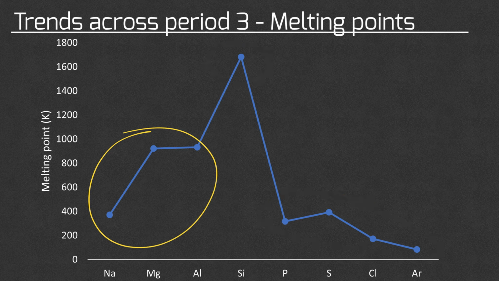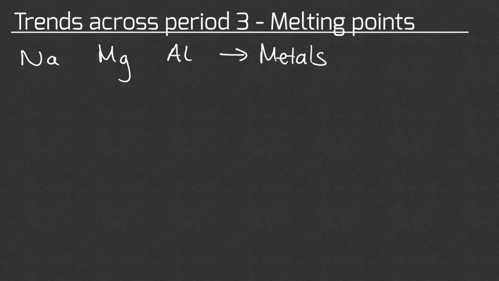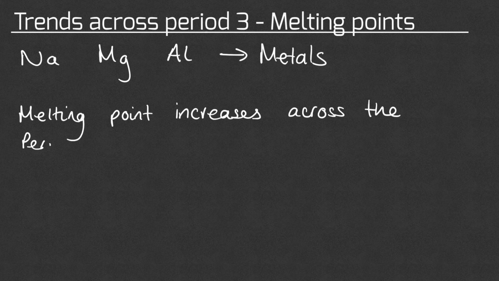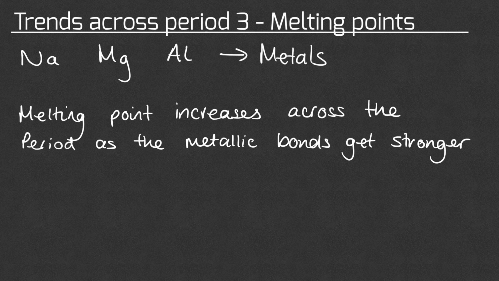And we're going to start off by looking at the metals, sodium, magnesium and aluminium. So sodium, magnesium and aluminium are all metals. And the melting point increases as you go across the period as the metallic bonding gets stronger.